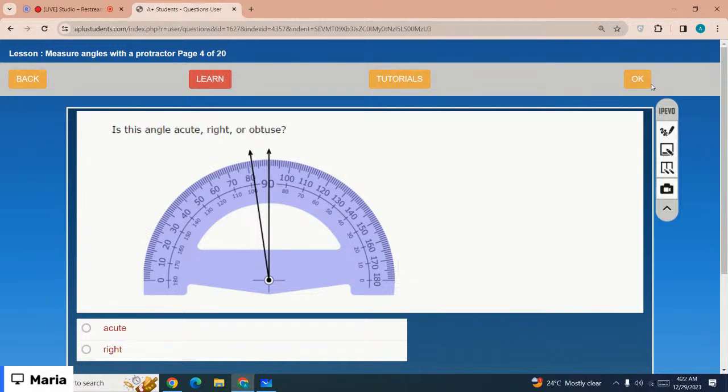Is this angle acute, right, or obtuse? Which is the correct option? Acute angle it is, right? The correct option is acute.